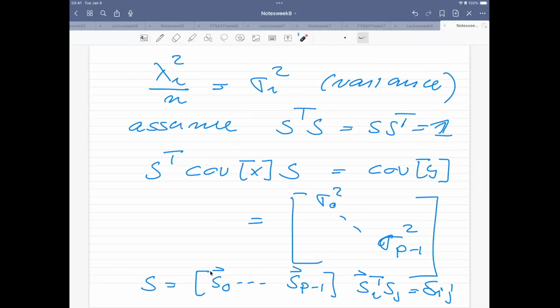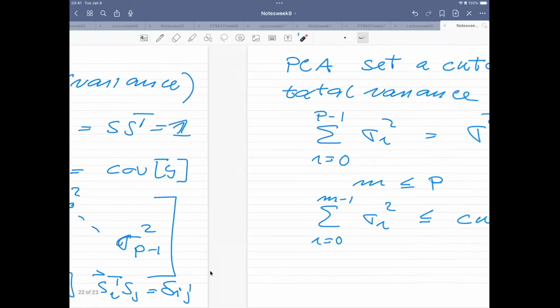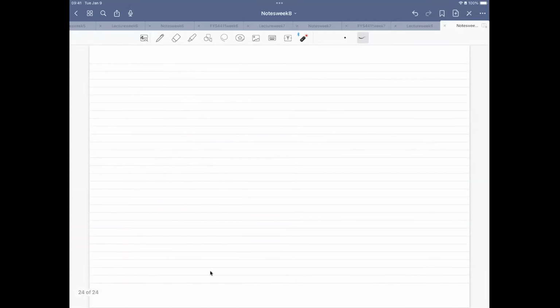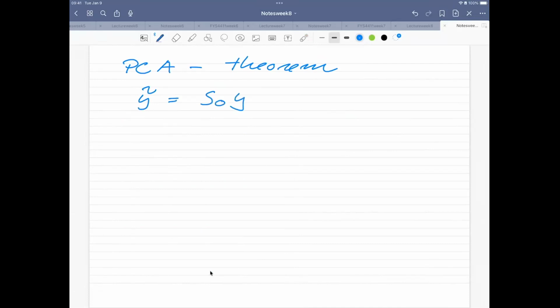Then, and this is something which we would have to conclude next week, we are going to assume that we have only one vector. So the PCA theorem with a statistical analysis. We assume now that there is only one vector, y. So y tilde, the reconstruction, is given by S0 times y.